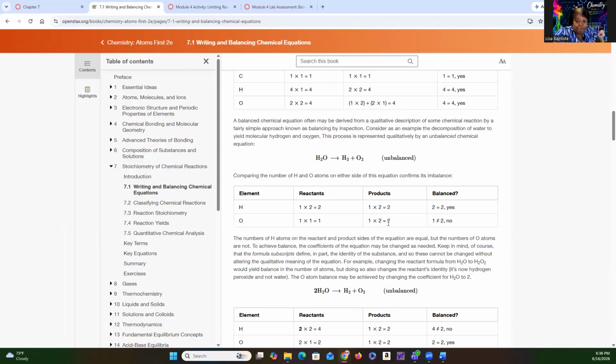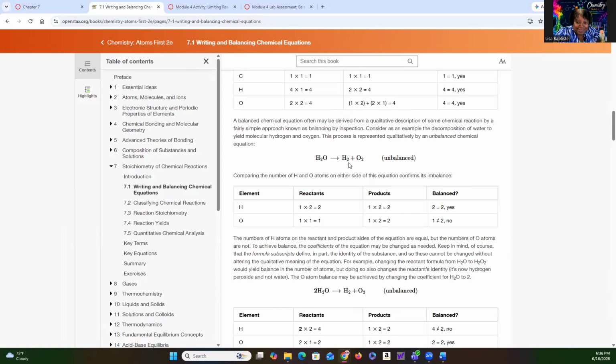So now we want to compare the reactant side to the product side. On the reactant side, there's 2 hydrogen. Product side, there's also 2. So the hydrogen's balanced. On the reactant side for oxygen, it's 1. Product side is 2. So 1 is not equal to 2, so it's not balanced. So if one element is unbalanced in the reaction, the whole equation is unbalanced, okay?